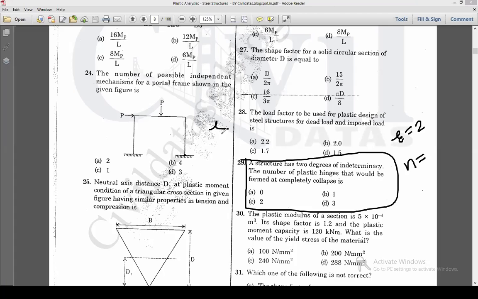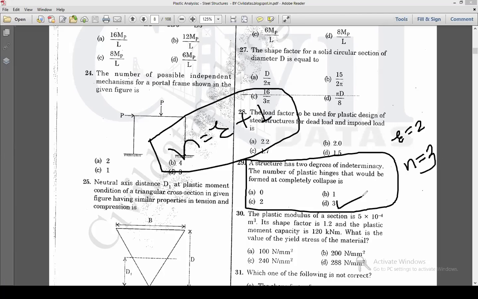R plus 1. Yes, R+1 is the formula for N. Number of plastic hinges is equal to R+1. R is nothing but the degree of static indeterminacy, plus 1. So 2 plus 1 is equal to 3. So the answer is D.